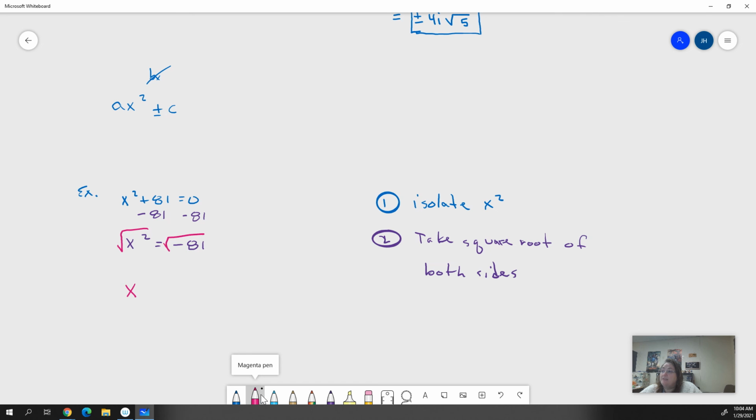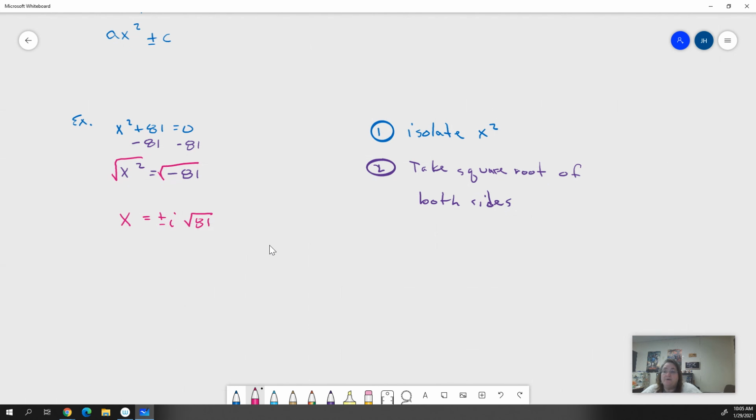And here we're going to have x equals. Now I have that negative, so I already know I have this plus or minus i times the square root of 81. What is the square root of 81? What number times itself gives us 81? This is a perfect square, so.